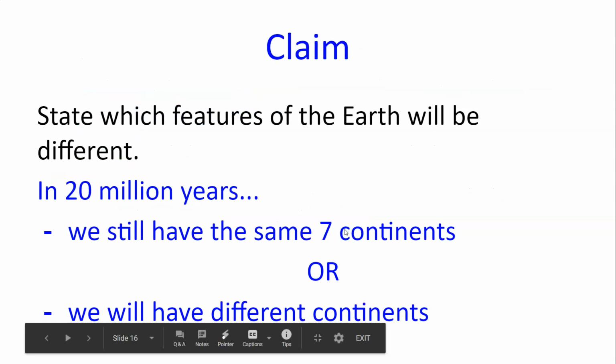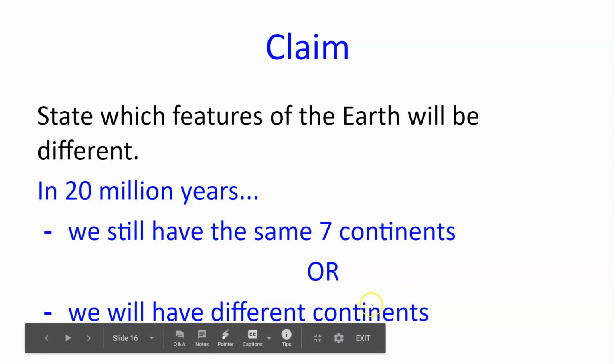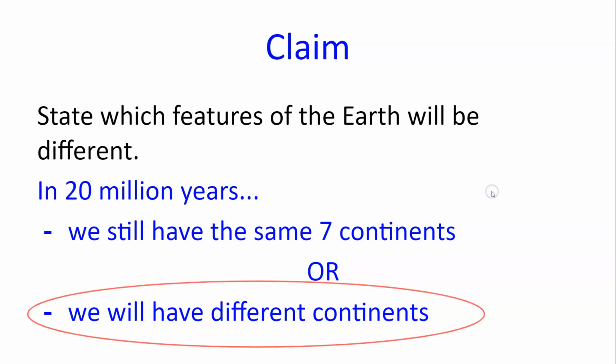So starting with the claim, our question is, what will the Earth look like in 20 million years? Our claim could be in 20 million years, and now you get to choose, we will have the same 7 continents or we will have different continents. What do you think? That's right, we'll likely have different continents.